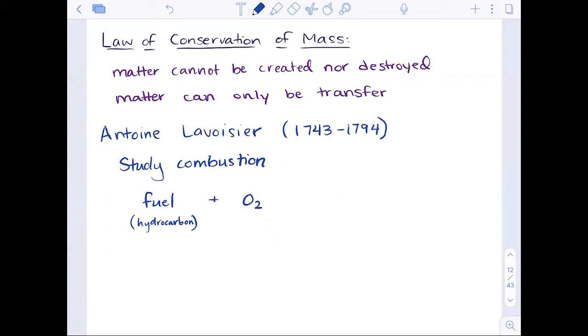You react it with oxygen gas. I'm going to put a little g there. That tells you the state of the matter, right? And you create carbon dioxide gas and water vapor, H2O gas.